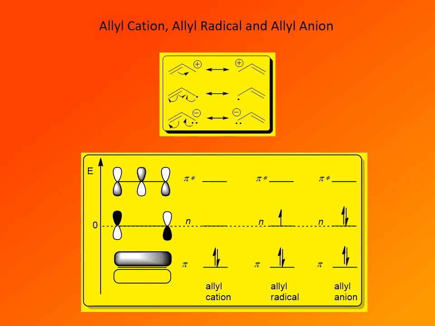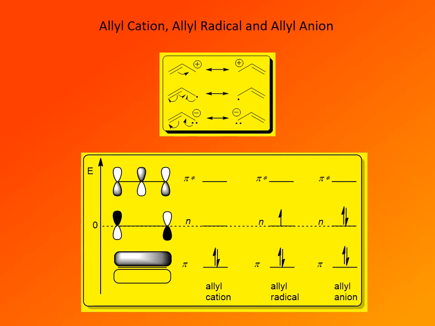For the allyl radical, we have that third electron, but it fits into the non-bonding orbital. Electrons in non-bonding orbitals don't count when counting bond order, because they neither strengthen nor weaken a bond. They are those free electrons in atomic orbitals if you look at valence bond theory. So again, bond order is 1. For the allyl anion, we have an additional electron. Anion means that the species has gained an additional electron, so we have 4 electrons.